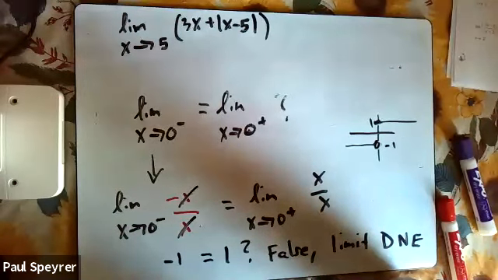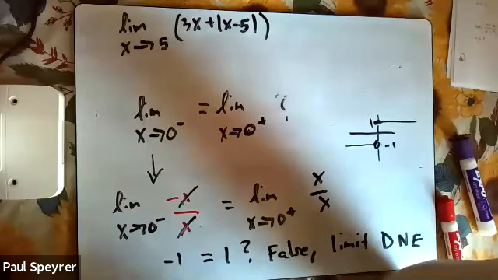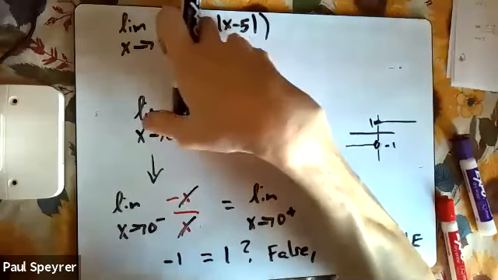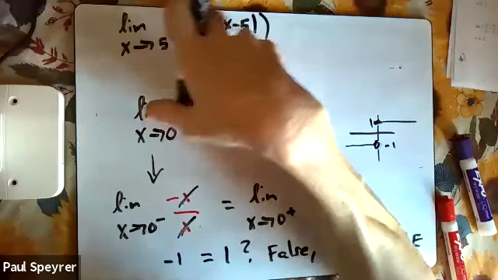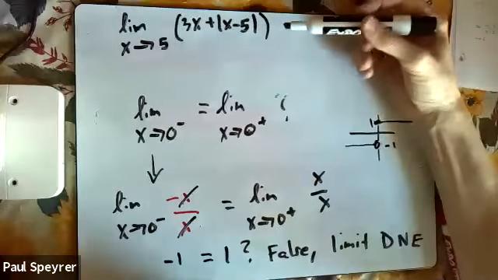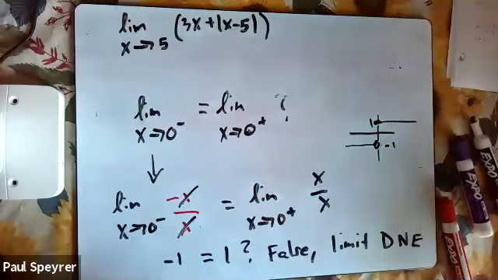So now we have the limit as x approaches 5 of 3x plus the absolute value of x minus 5. A little more complicated, right? Because we have this 3x additionally, and we have something inside with the absolute value. It's no longer just an x.